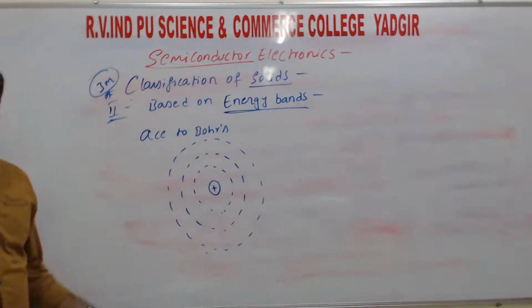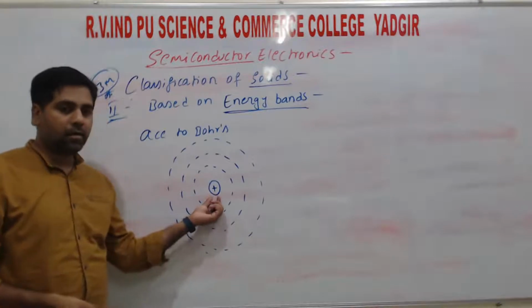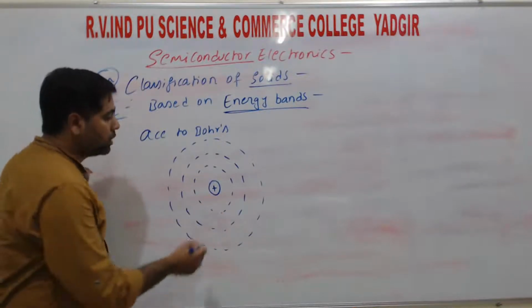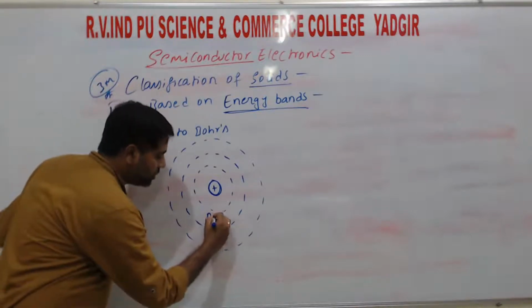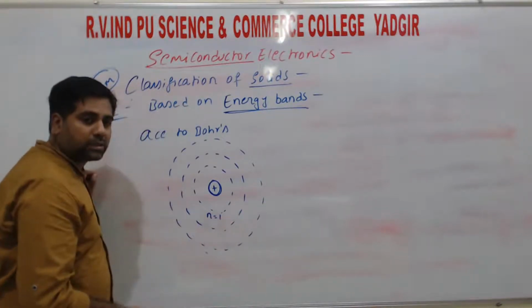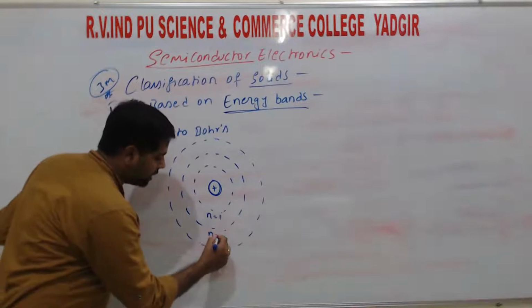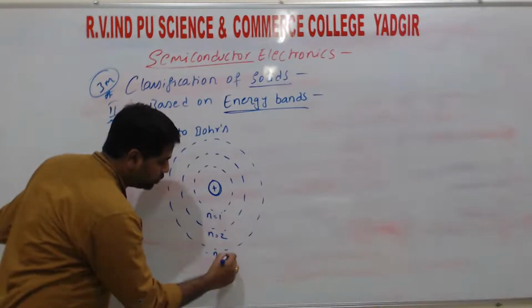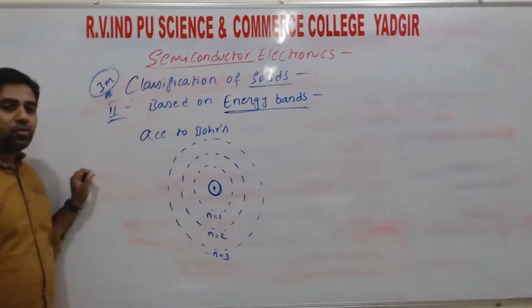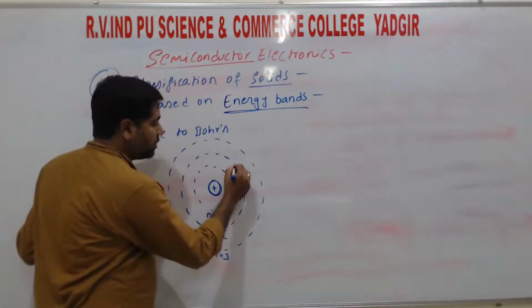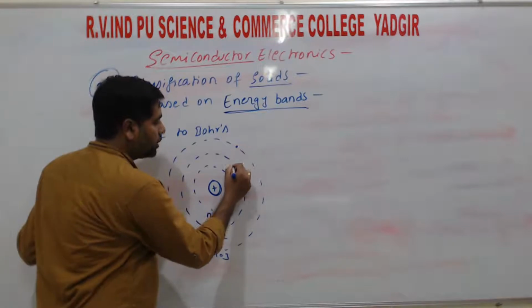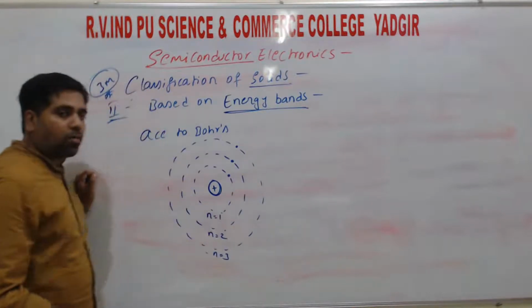If we consider this one as the atom, at the center we have the nucleus, and here these are the orbit numbers, n equals 1, n equals 2 and n equals 3. The electrons revolve in any one of the orbits.